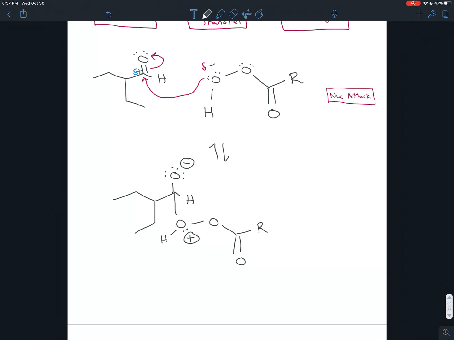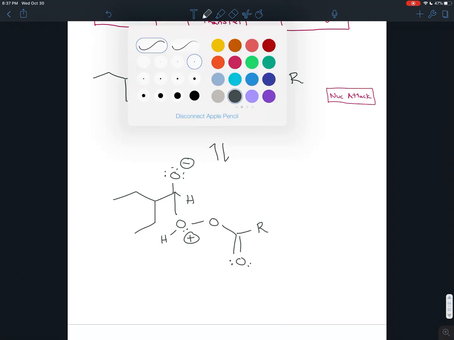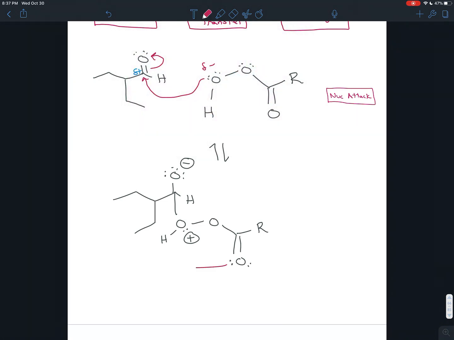Okay, so this oxygen in this middle area is very unstable. It has that positive charge. Positive charge on an electronegative atom is very unstable. And so it quickly tosses off its proton, its hydrogen, to help stabilize that. And the closest thing nearby that can handle that is the carbonyl oxygen.